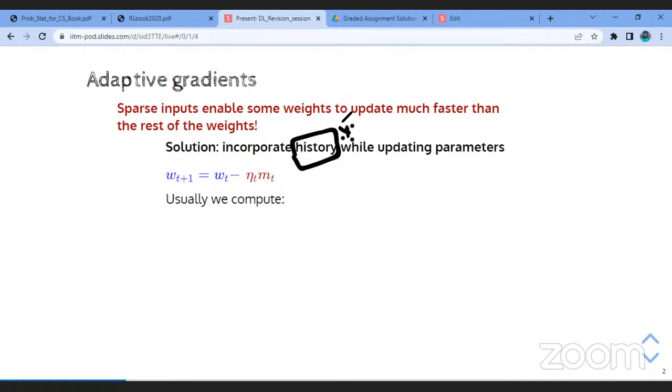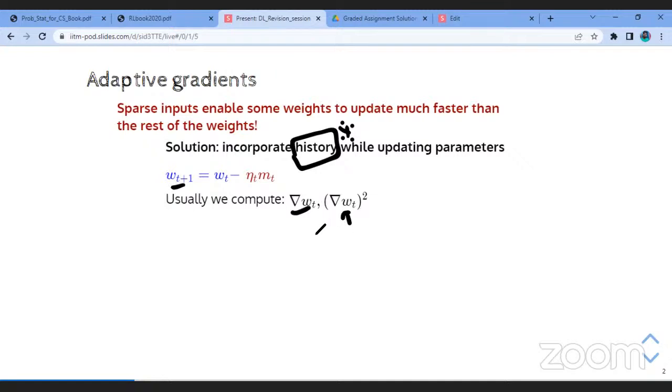So we always have this gradient at time step t. We compute this, and then what we do next in adaptive gradients is we take this quantity, square it, and keep that as well. We are going to make use of these two quantities in order to update my weight values.